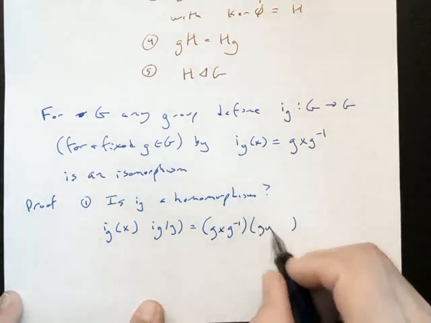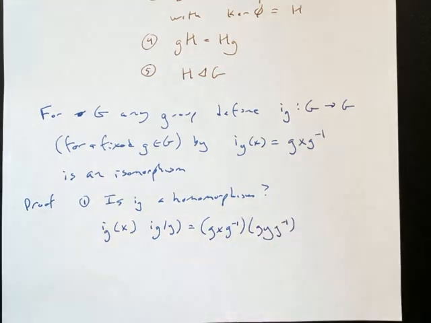We are in a group. What happens? I'm not disagreeing with you. I hope to get XY, but how do I get there from here? You can move parentheses around. My group is associative.